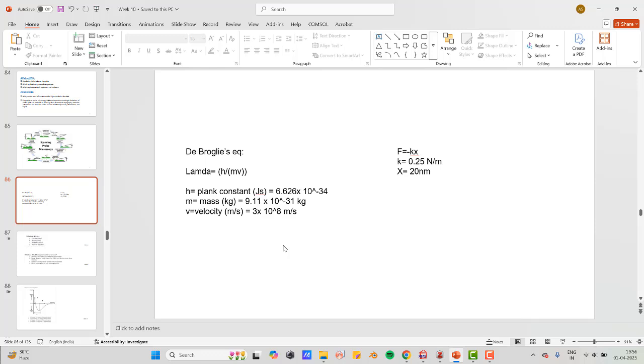My answer is coming closer to option C, that is 0.25 into 10 to the power, I'm getting 10 to the power minus 5. But I'm not sure.